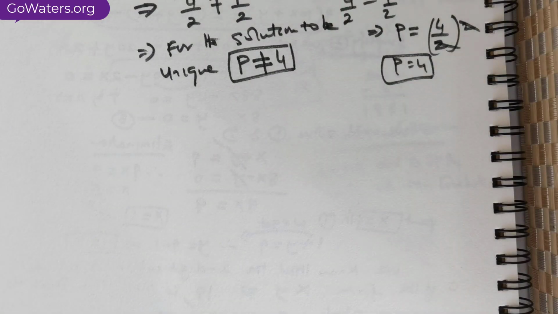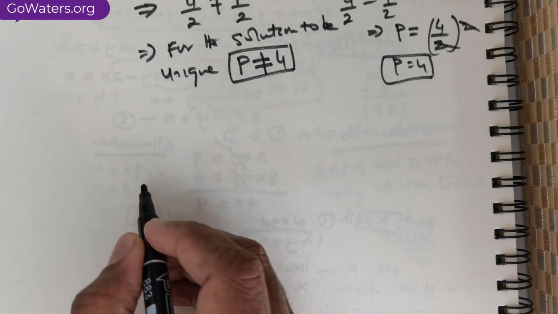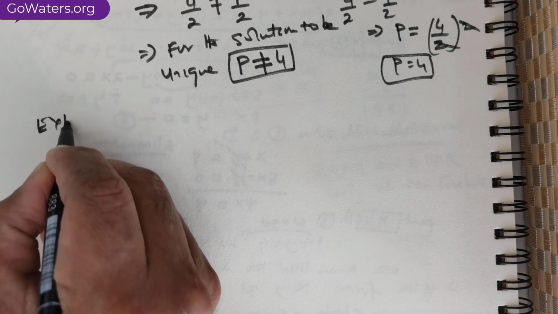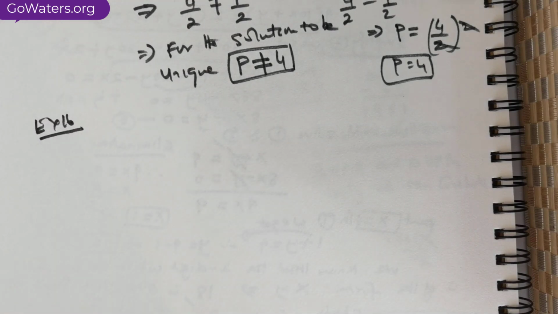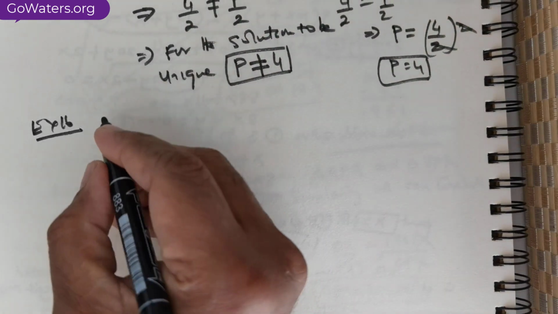Students, this is a beautiful question. The question reads as follows: for what values of k will the pair of linear equations have infinitely many solutions? So this is example 16, and let us do that question.